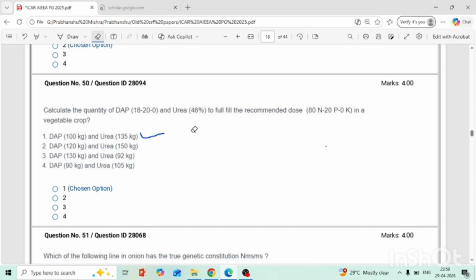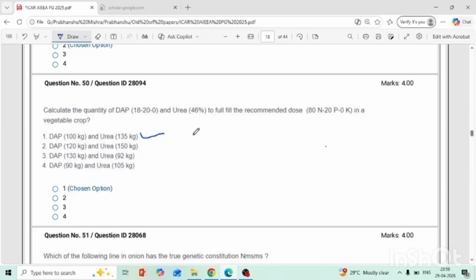First, how do you calculate? First is the quantity of fertilizer. For any fertilizer, the formula is the quantity of that particular fertilizer required, divided by the percentage of that nutrient in the fertilizer, into 100.